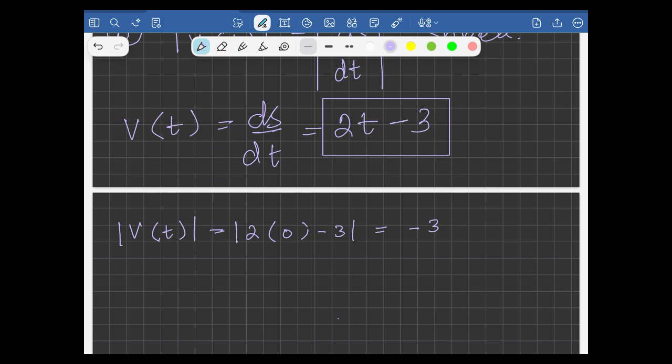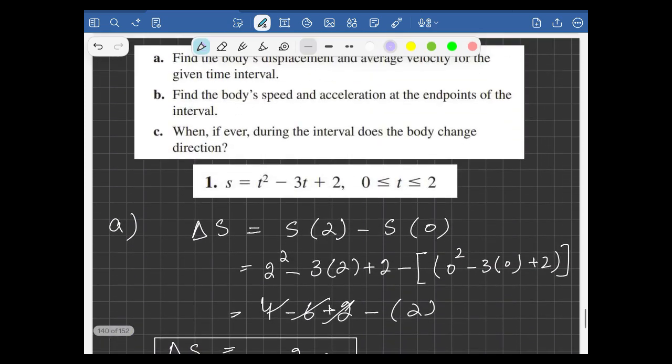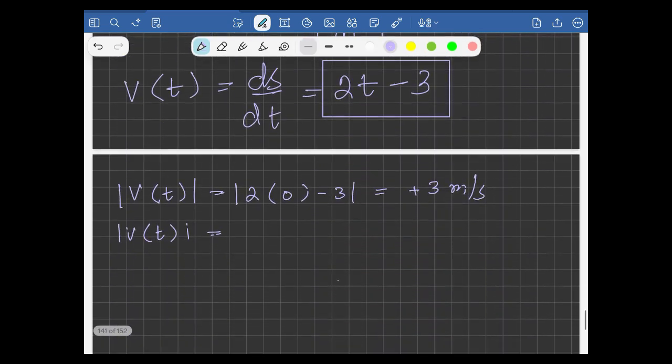The absolute value makes it positive, so it's 3 meters per second. Then the speed at endpoint 2: absolute value of 2 times 2 minus 3, 4 minus 3 is 1, so it's 1 meter per second. These are the values of the speed at the endpoints.